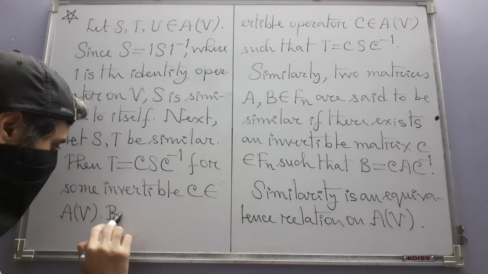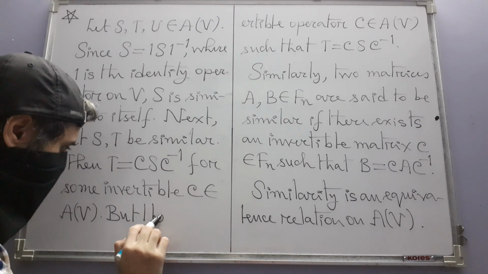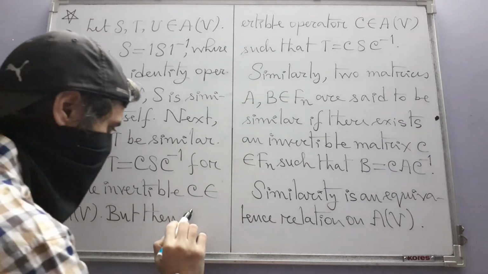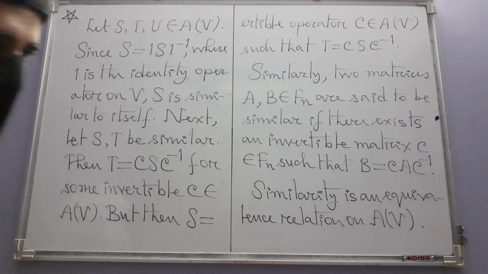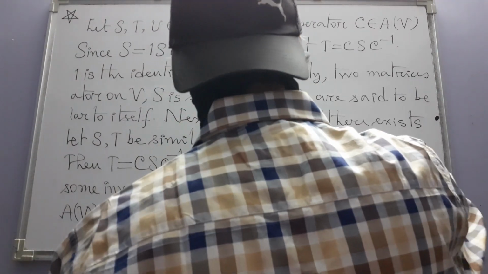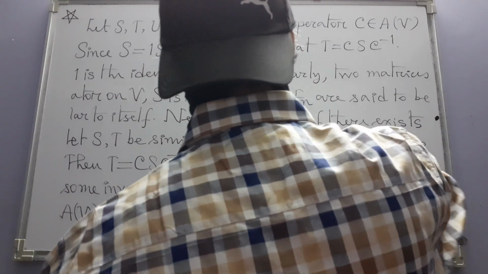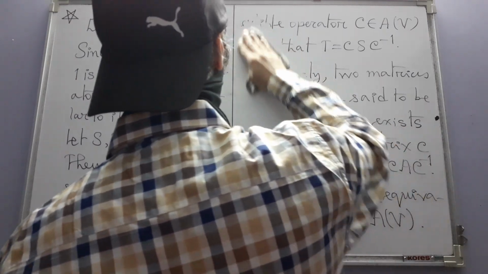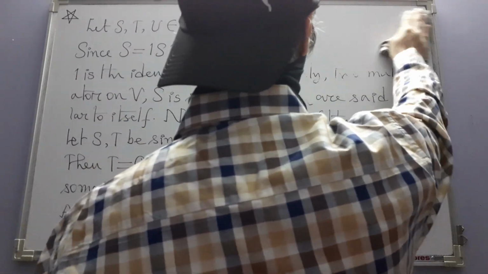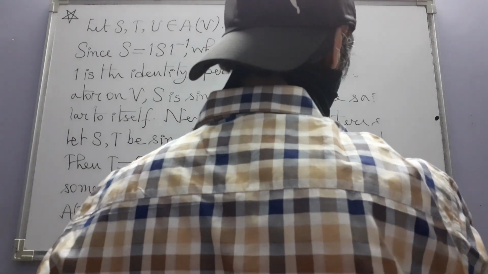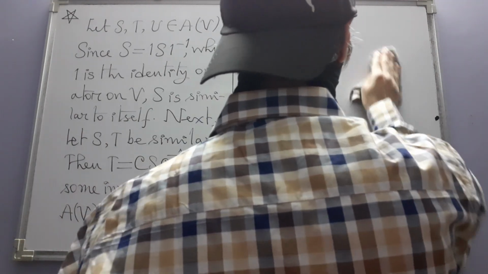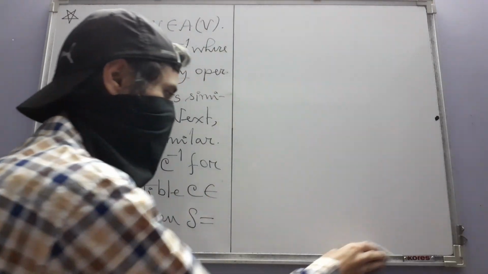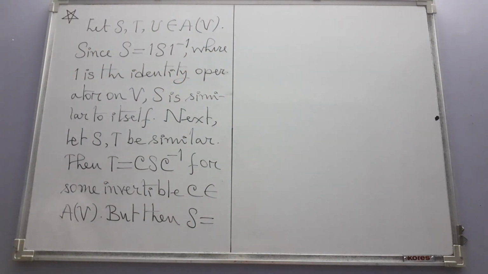But then S is equal to C inverse T C inverse inverse. We know that for an invertible element C, its inverse C inverse is also an invertible element.